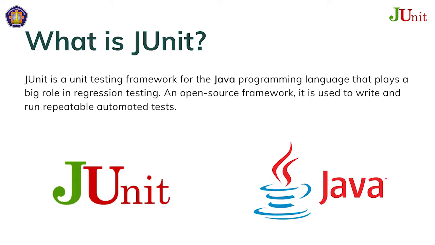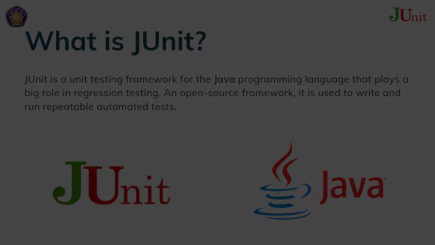JUnit is an open source framework that is used to write and run repeatable automated tests. In JUnit, there is a graphical user interface or GUI that makes it possible to write and test source code quickly and easily. JUnit also allows the developer to incrementally build test suites to measure progress and detect unintended side effects. The simplicity that JUnit has makes it possible for the software developer to easily correct bugs as they are found.